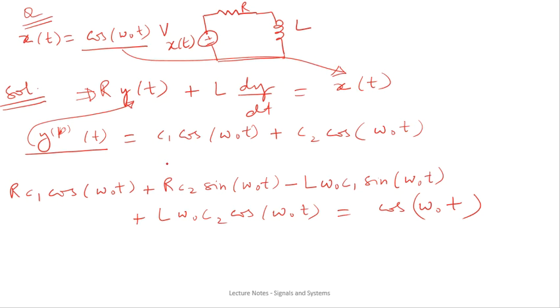So now the coefficients C1 and C2 can be obtained very easily by equating the coefficients of cos omega naught t and sin omega naught t.